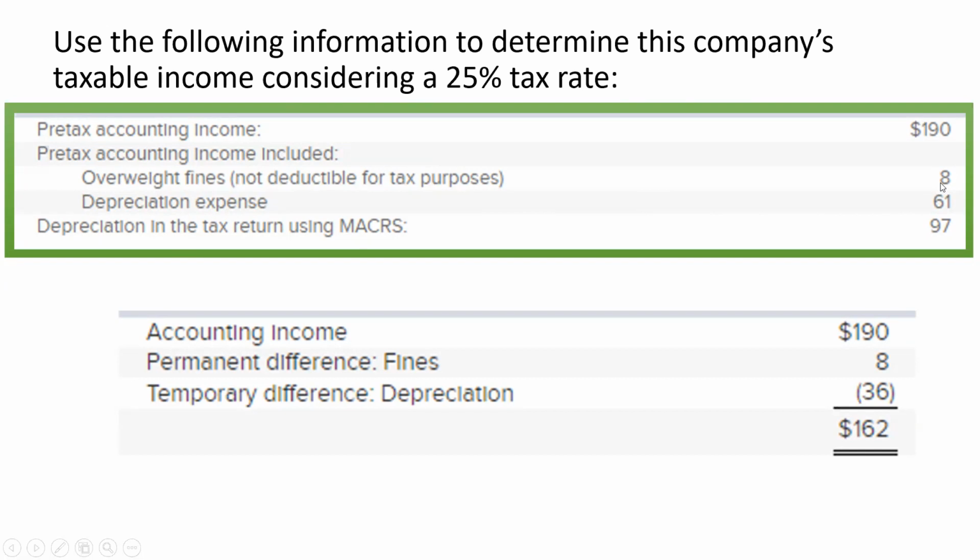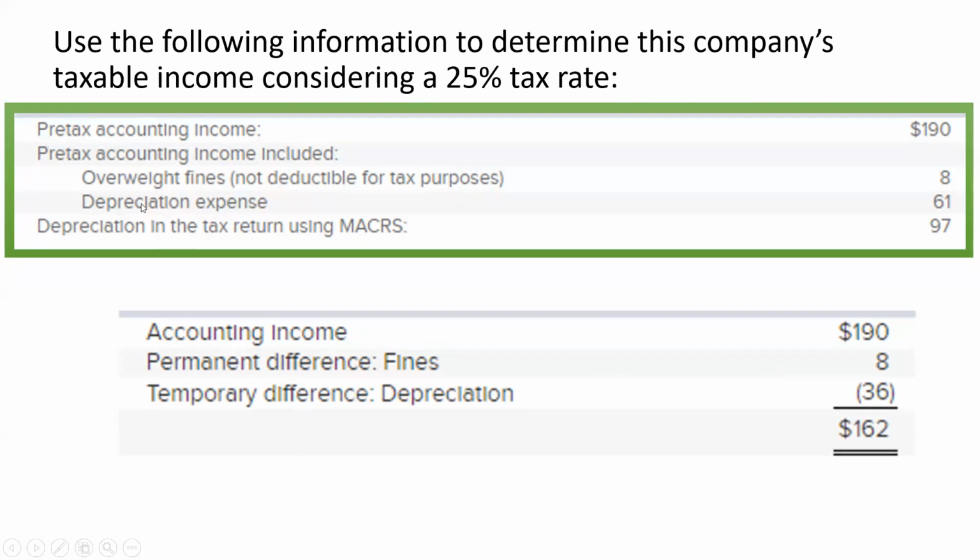They subtracted that to get to the 190, to get to their net income. But the government says, no, no, no, you don't get to reduce your taxes by fines issued by the government. You need to add that back in permanently. So we increase the net income by the fines.